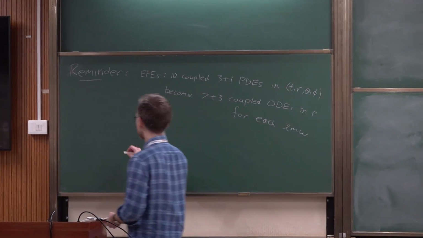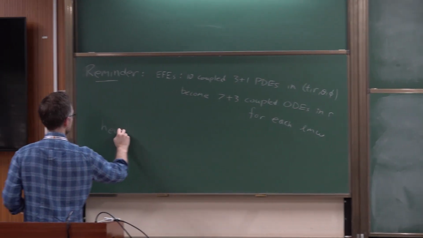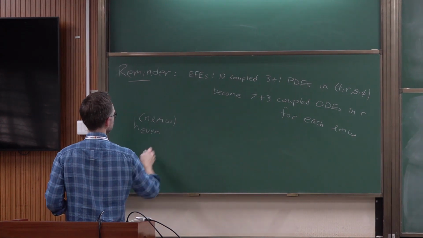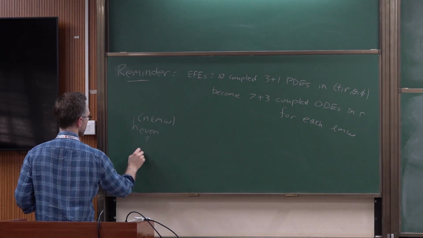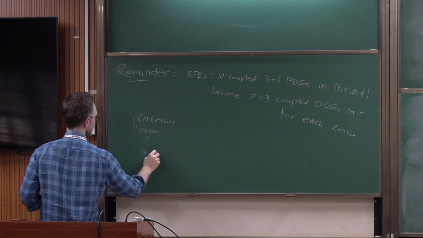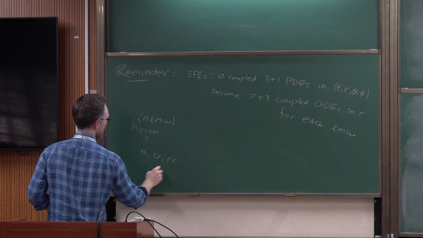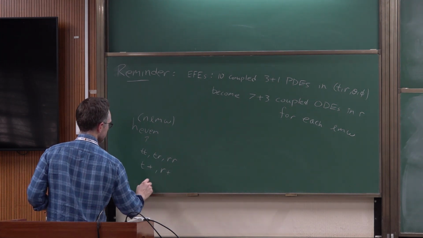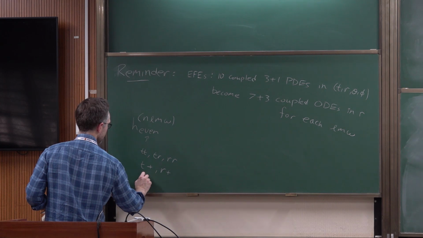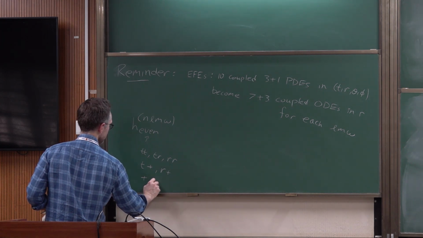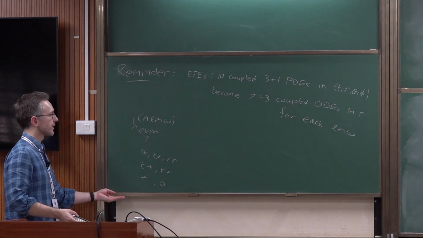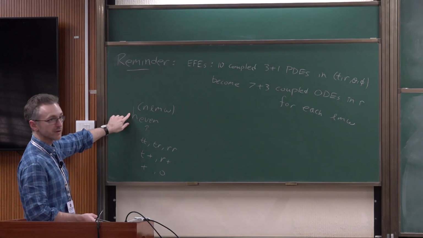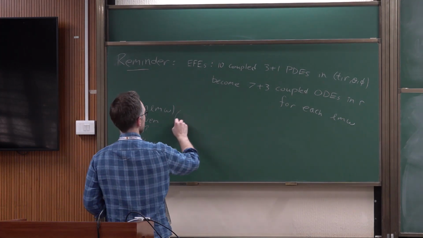So we're working with variables, remember, H even, n, l, m, omega, where the even here stands for tt, tr, rr, t plus, r plus, plus, and circle. So that's 3, 5, 7, perfect. So we have 7 of these fields, even parity fields. They're just functions of r.